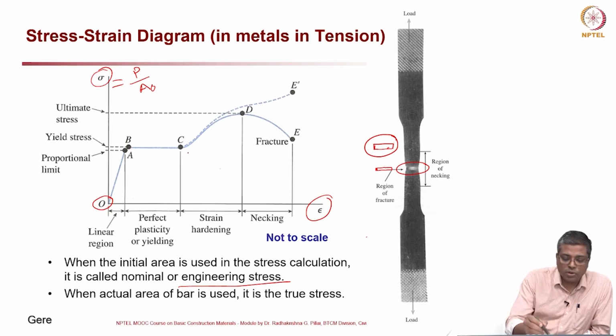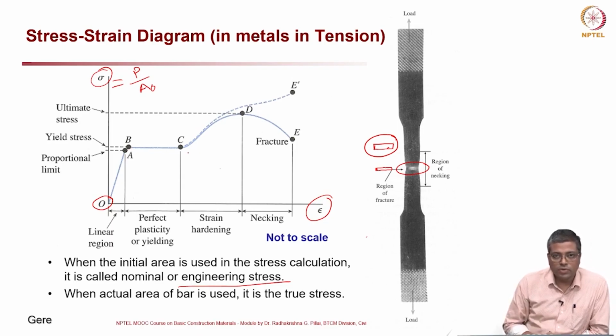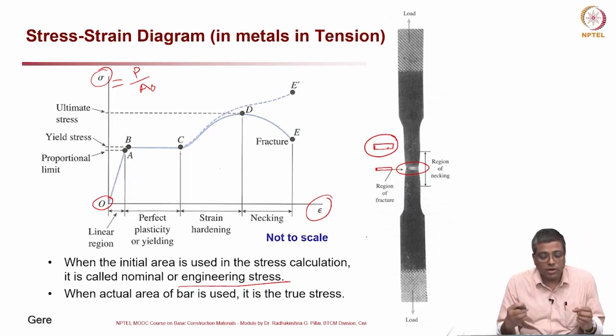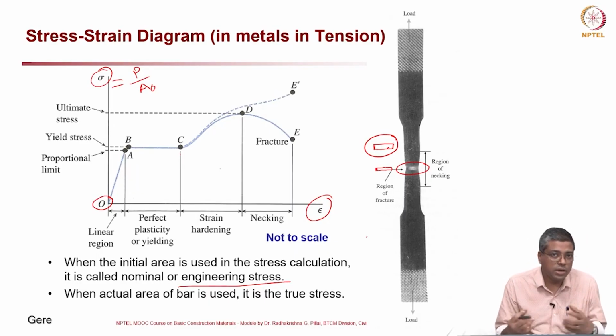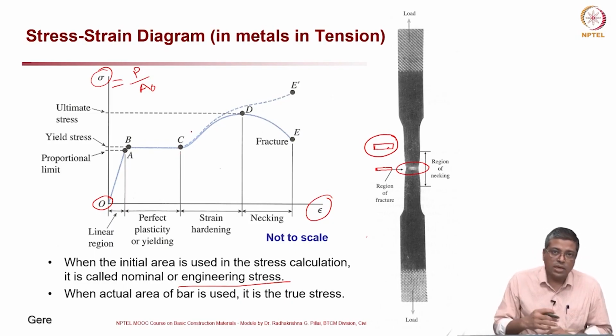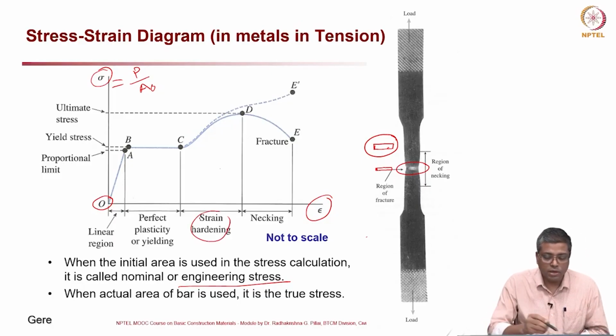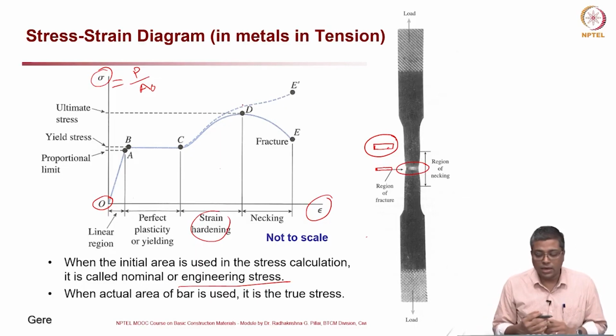After B you can see there is a flat region which is the yield plateau. From B to C, the material is perfectly plastic, yielding without really experiencing more stress. But after point C, it experiences more stress, so we call this region strain hardening, from C to D. And at D, something like necking happens.